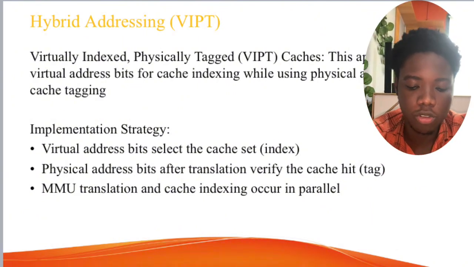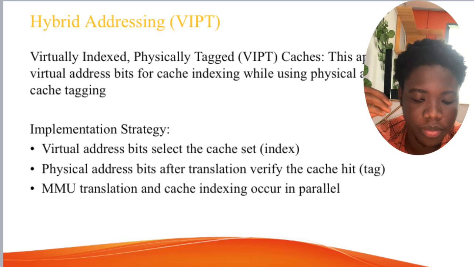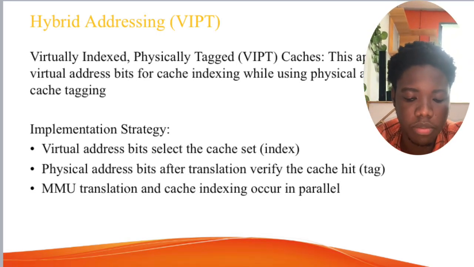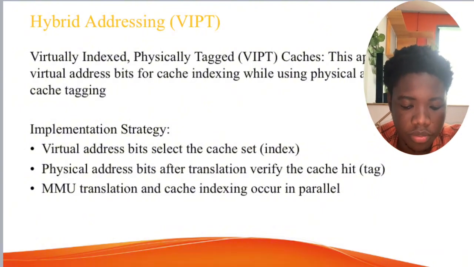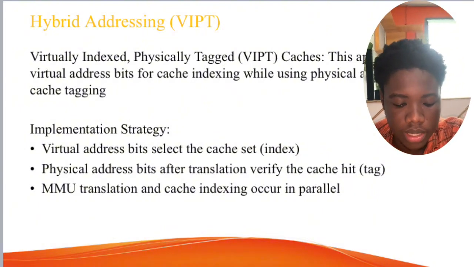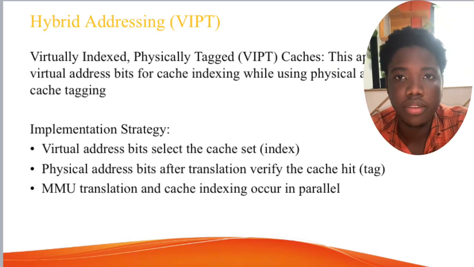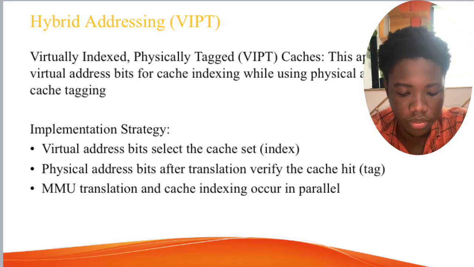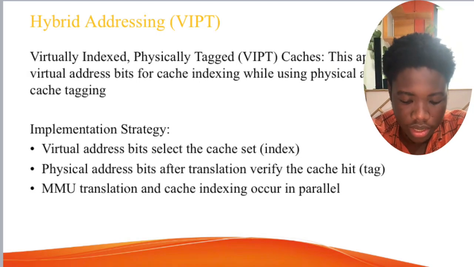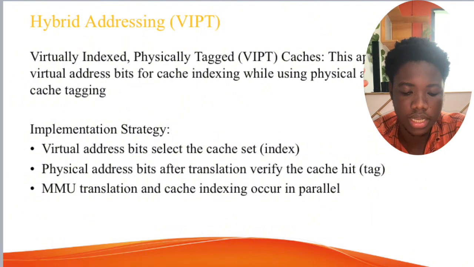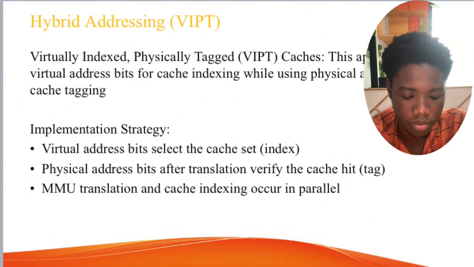This approach uses virtual address bits for cache indexing while using physical address bits for cache tagging. For the implementation strategy, the virtual address bits select the cache set, which is the index. The physical address bits, after translation, verify the cache hit, which is the tag. And the MMU translation and cache indexing occur in parallel.